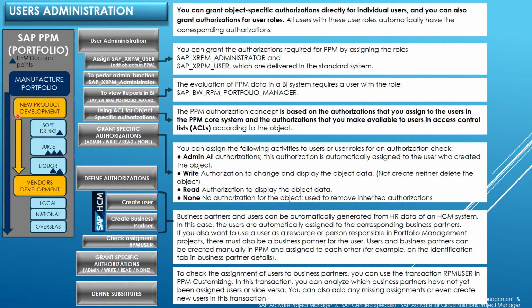As well, the authorizations that you grant at bucket level will be inherited to the items. Nevertheless, you can grant object-specific authorizations directly for individual users, and you can also grant authorizations for user roles.